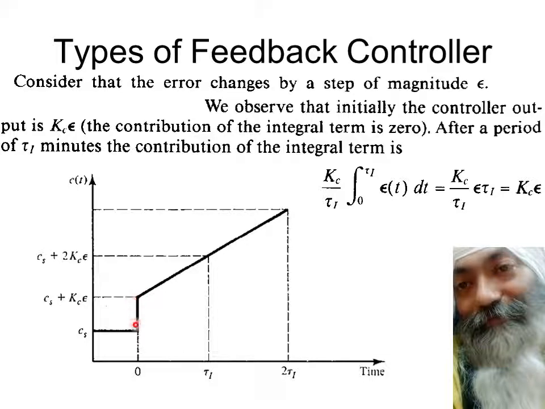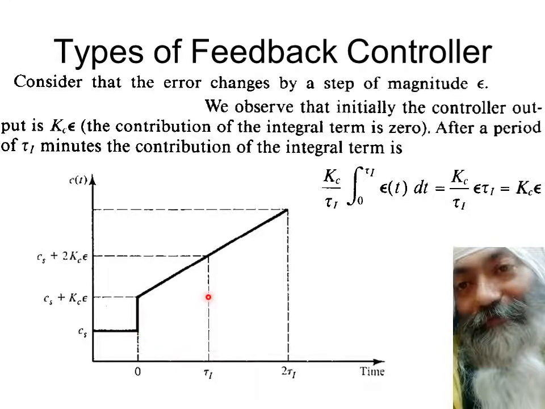This effect of the proportional controller will be repeated every tau I minutes. After every tau I minutes, the output of the controller has risen by the same amount as the initial effect of the proportional controller. If you have only a proportional controller, it will move up and then it will go flat.